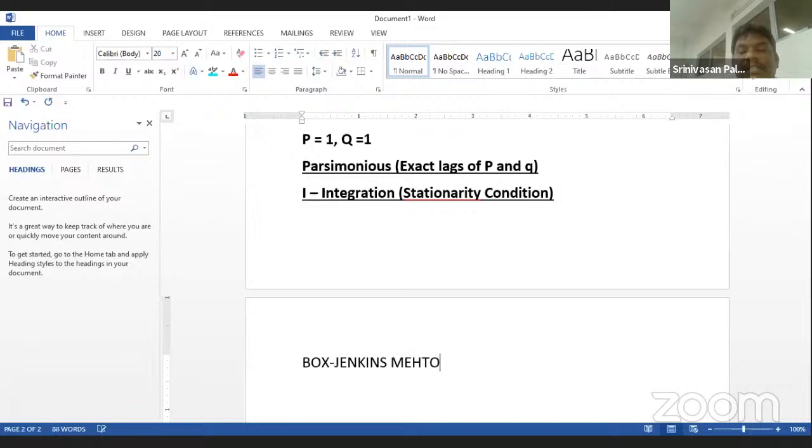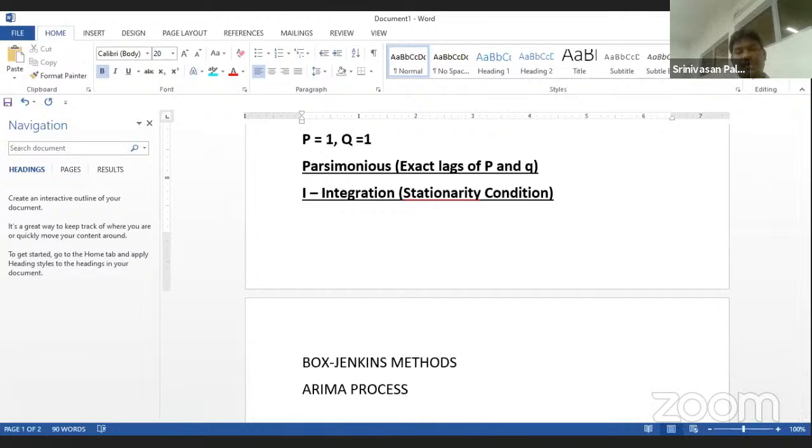Box-Jenkins methodology, procedure or method, also known as the ARIMA process. This is also known as the ARIMA model only. It's actually a very difficult model, not the easiest one. We have to identify the exact P and exact Q, which becomes laborious, tedious work.